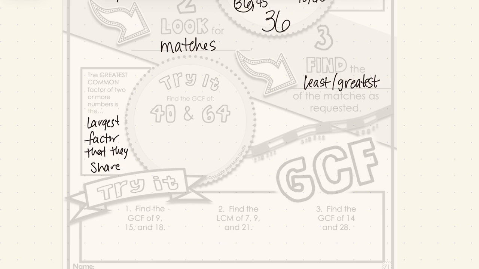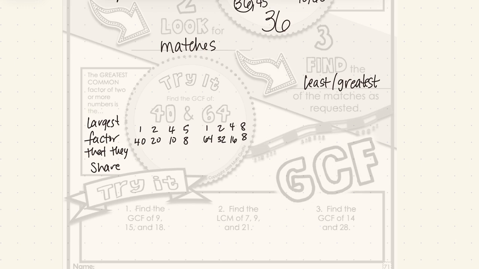So 40, it's 1 times 40, 2 times 20, 4 times 10, and 5 times 8. 64 is 1 times 64, 2 times 32, 4 times 16, and then 8 times 8.